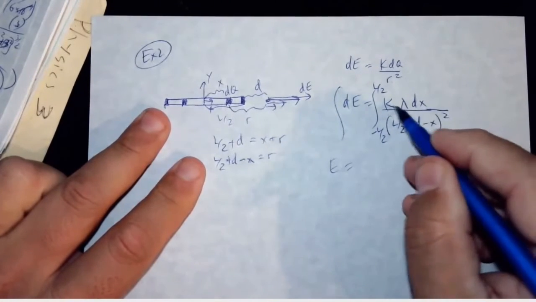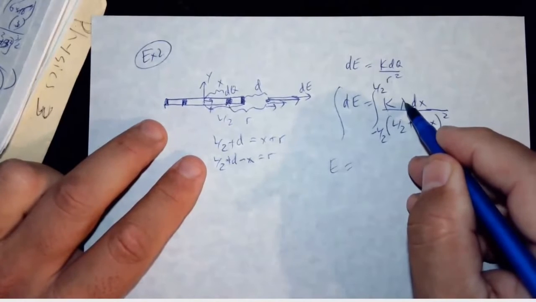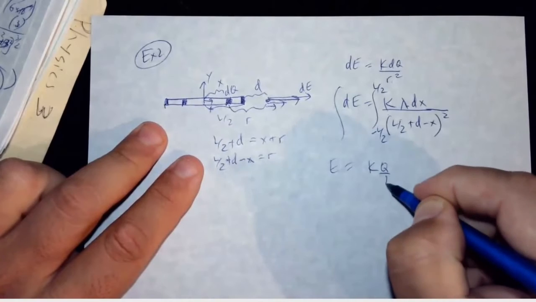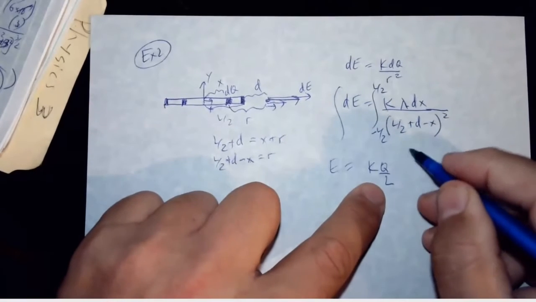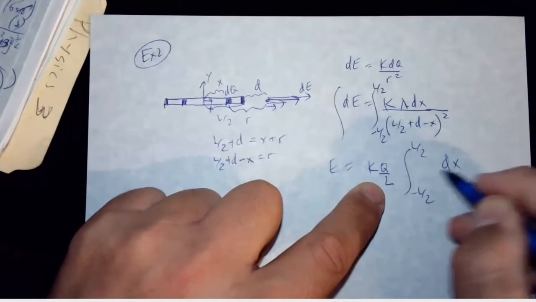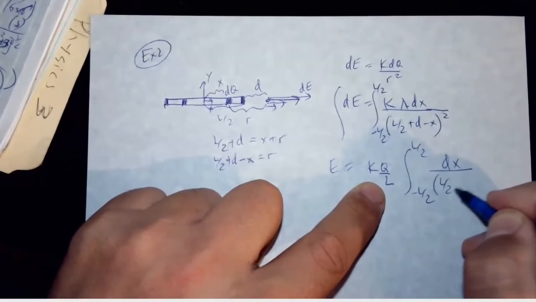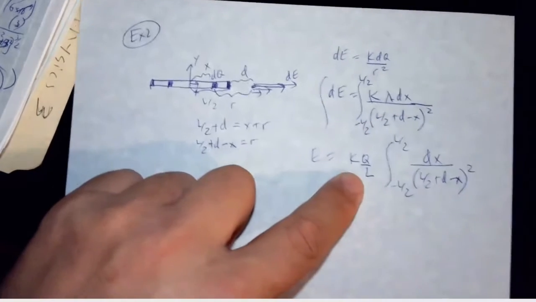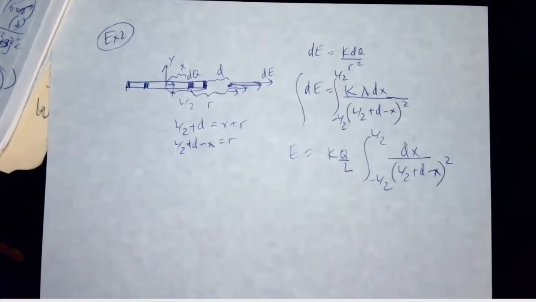And then if the charge density is uniform, it comes out of the integral as Q over L, and then negative L over 2 to L over 2. Okay, so now we go back to the integral.